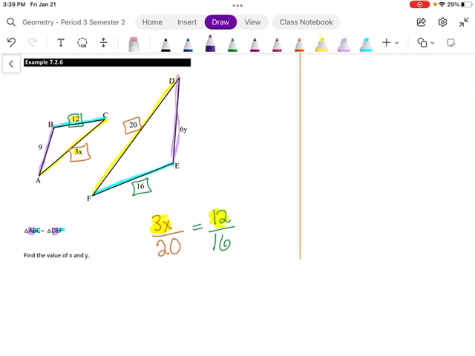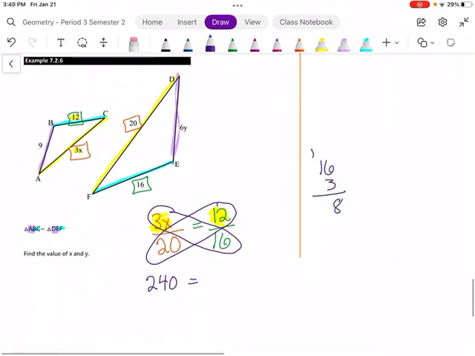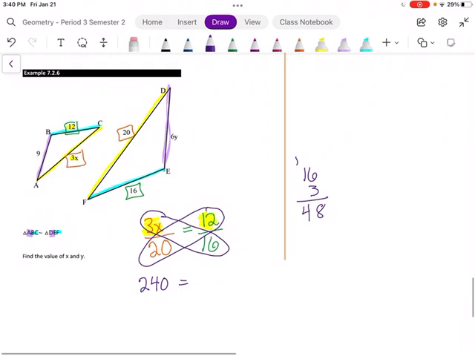Then we can cross multiply to figure out what it is going to be equal to. And we're going to get 240 equals 48x. And then we will divide by 48.